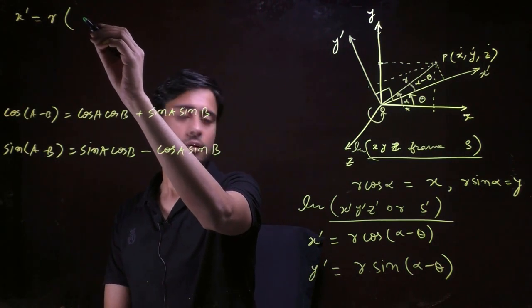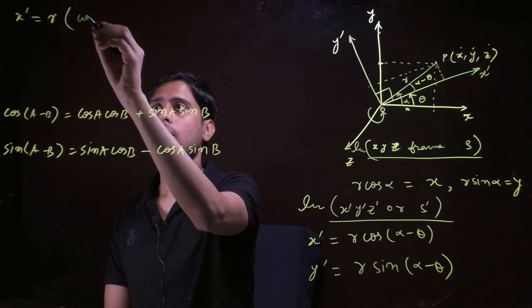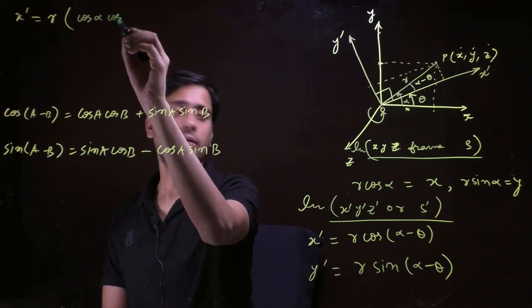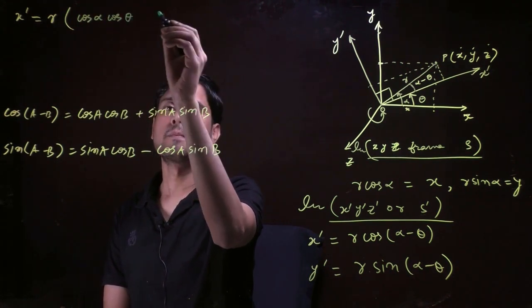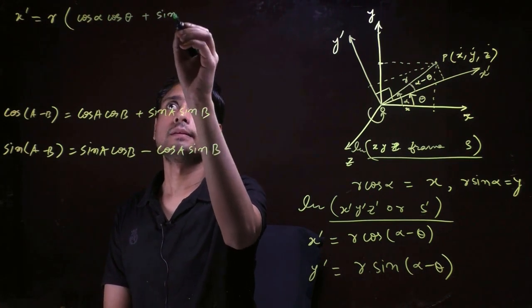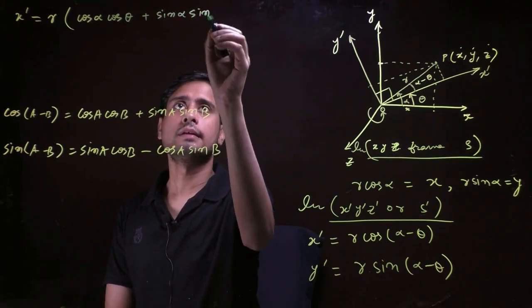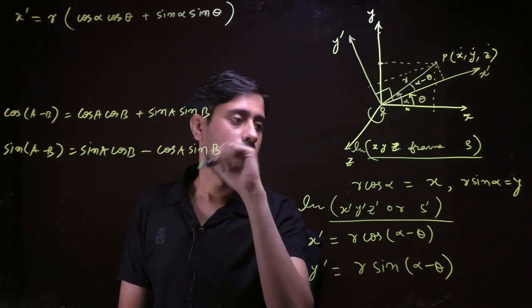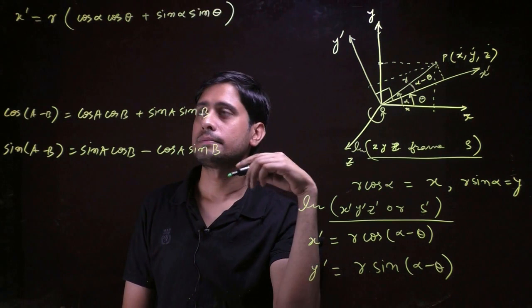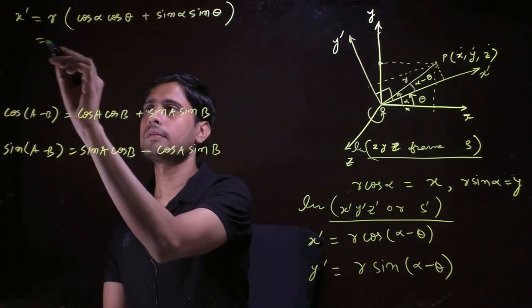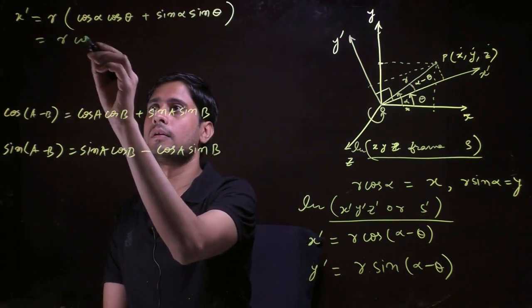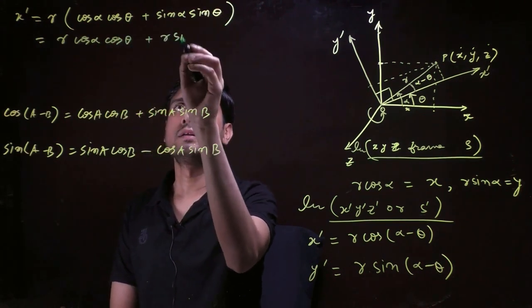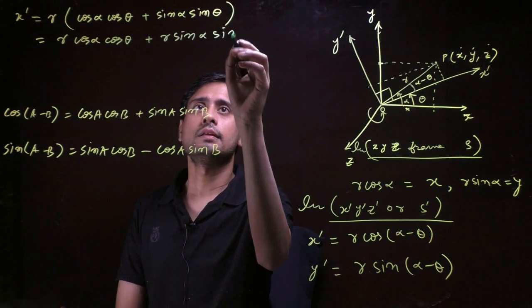So this will be r times cos alpha cos theta plus sin alpha sin theta. Expanding it, r cos alpha cos theta plus r sin alpha sin theta.